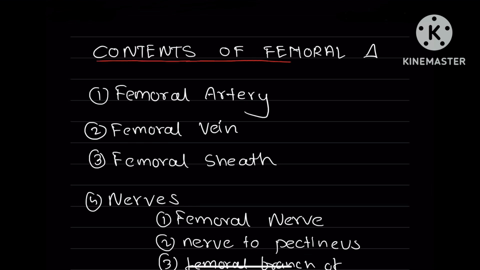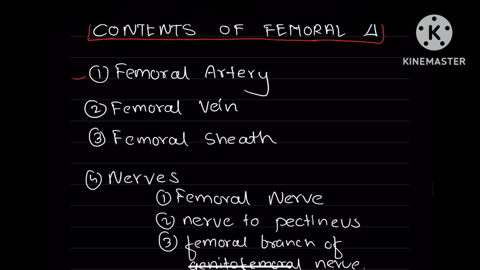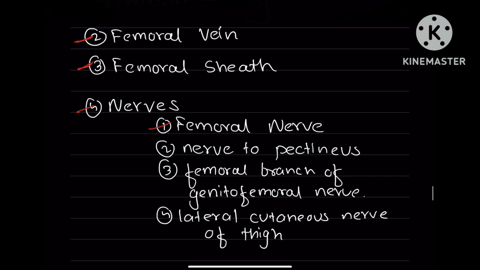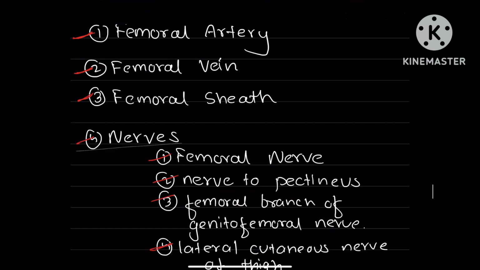Contents of the femoral triangle. The most important point in the femoral triangle is the contents of the femoral triangle. First is the femoral artery, femoral vein, femoral sheath, and nerves, that is the femoral nerve, nerve to pectineus, femoral branch of the genitofemoral nerve, and lateral cutaneous nerve of the thigh.